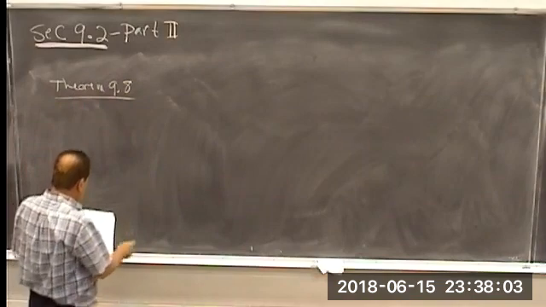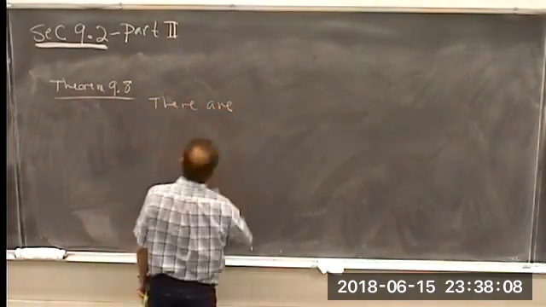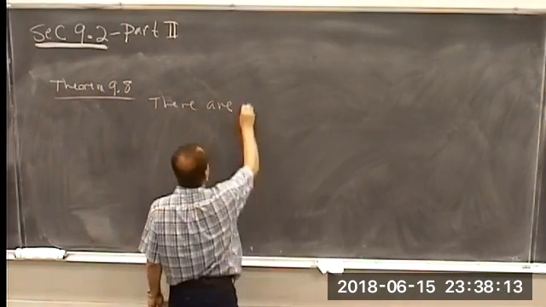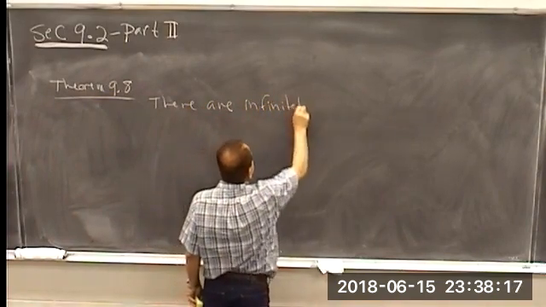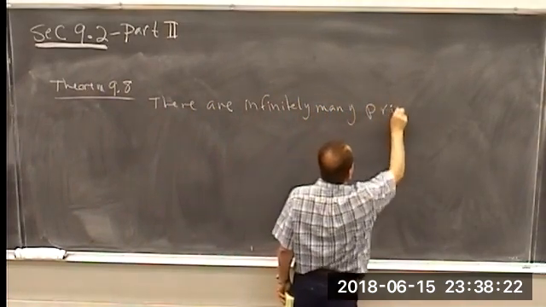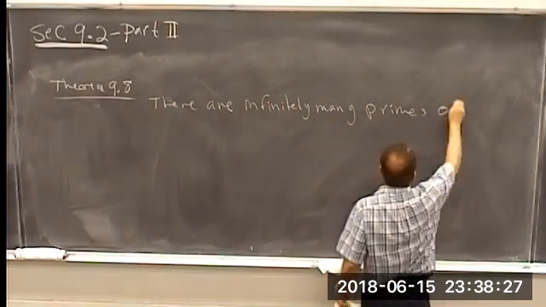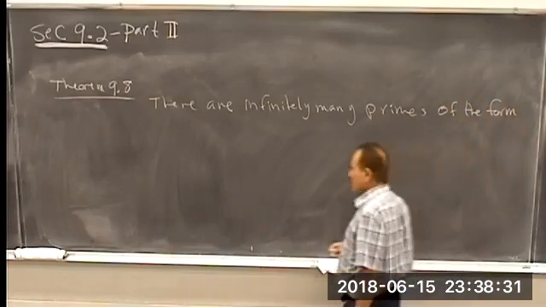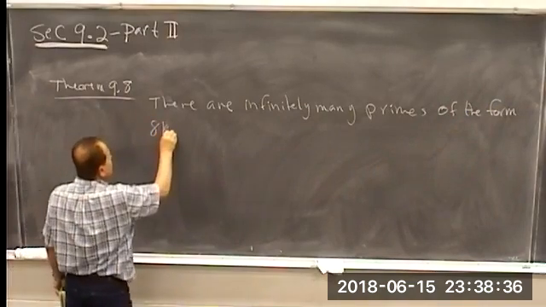Now we're going to show there are infinitely many primes. We've seen these types of theorems and proofs many times. There are infinitely many primes of the form 8k minus 1.